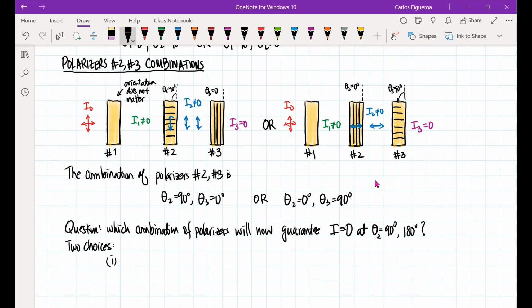The first combination, I would say, if theta 1 is chosen to be 0 degrees, then the only guaranteed combination that I'm going to guarantee at 180 equal to 0 would be theta 3 equal to 90 degrees, not 180.